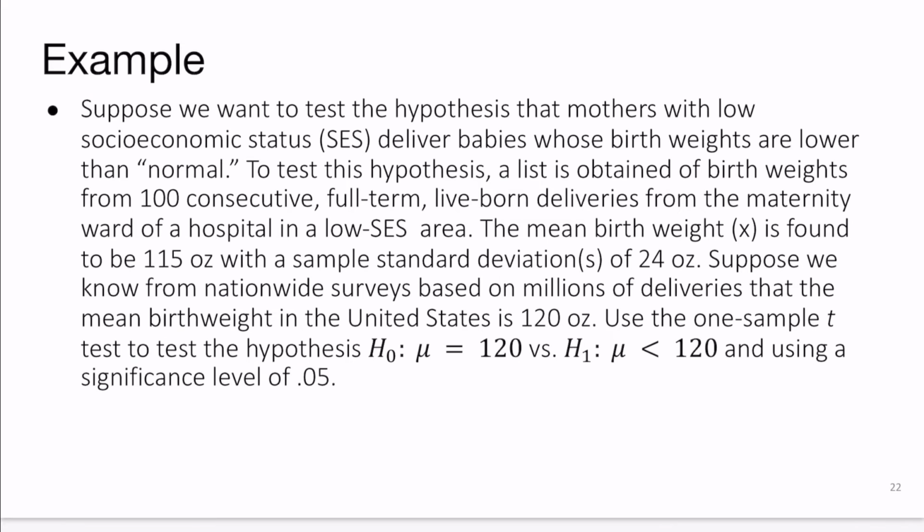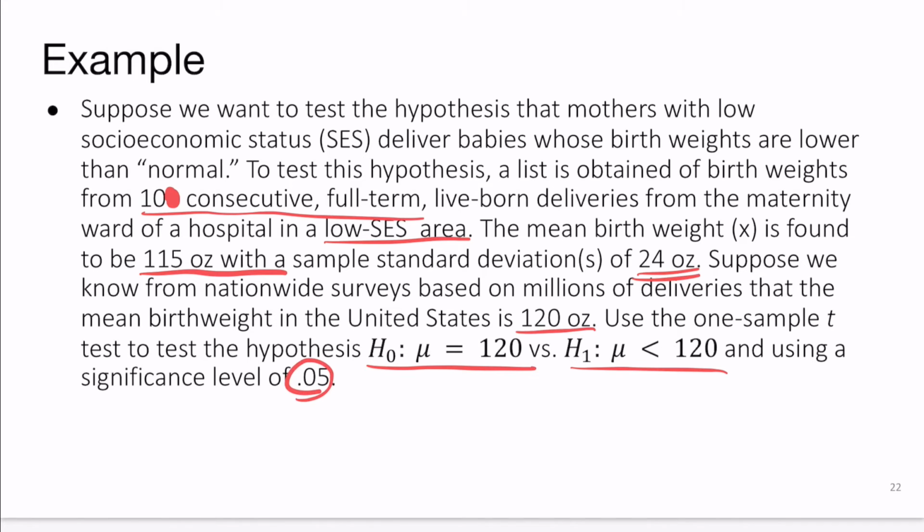Let's solve a problem so that it becomes easier to understand this. So let's consider n here to be 10. They had 10 consecutive births in a low socioeconomic status area, and the sample mean is 115 and the standard deviation is 24, with the mean birth weight being 120. So here H naught is mu equal to 120, H1 is mu less than 120.